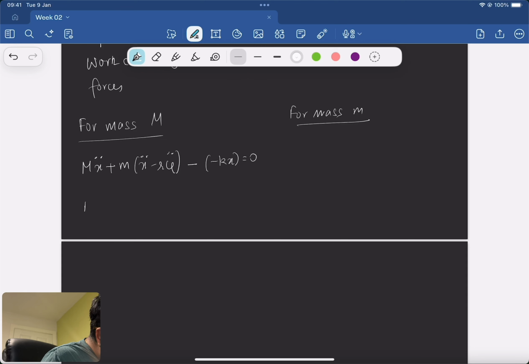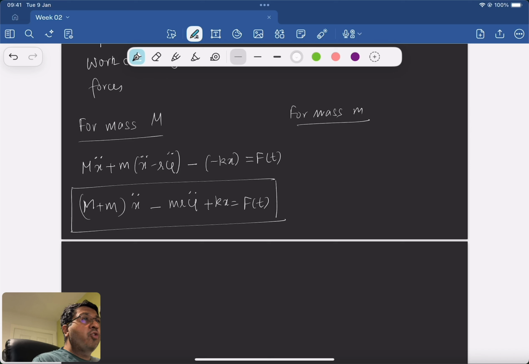So that gives me m plus m into x double dot minus mr into phi double dot plus kx equal to, sorry, it's not 0, there's a force f of t acting in the x direction, f of t.